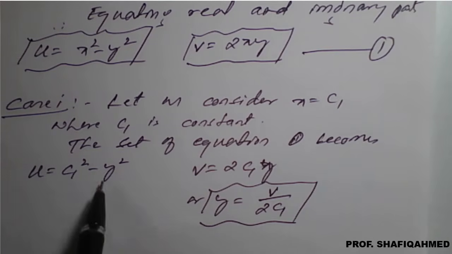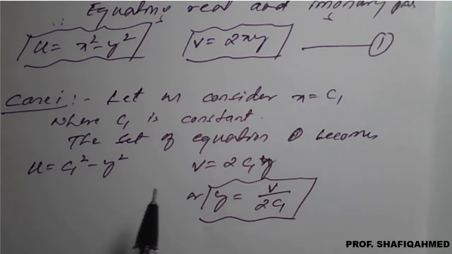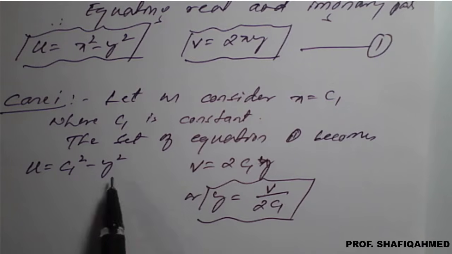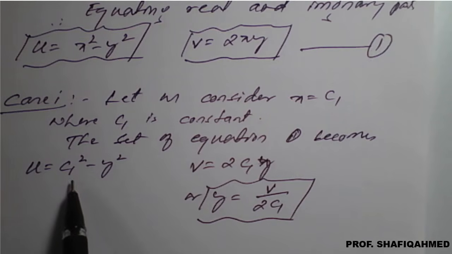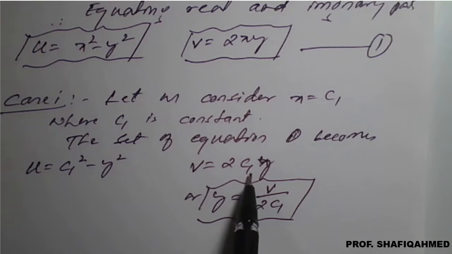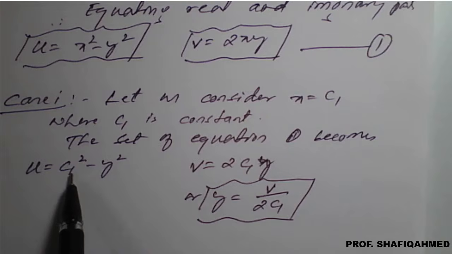I want to apply this y value to make u free from the variables x and y. Our target is to eliminate x and y in the given equation 1, that is u and v. From u we have eliminated x but y is remaining. From v we got y in terms of v, that is y equals v upon 2 c1, and this value will be applied in u.